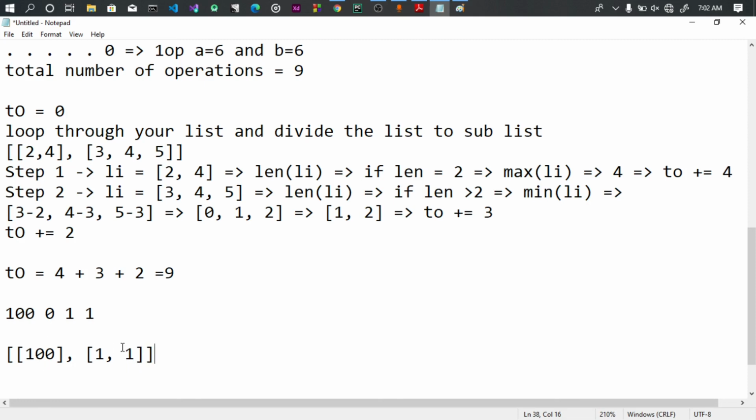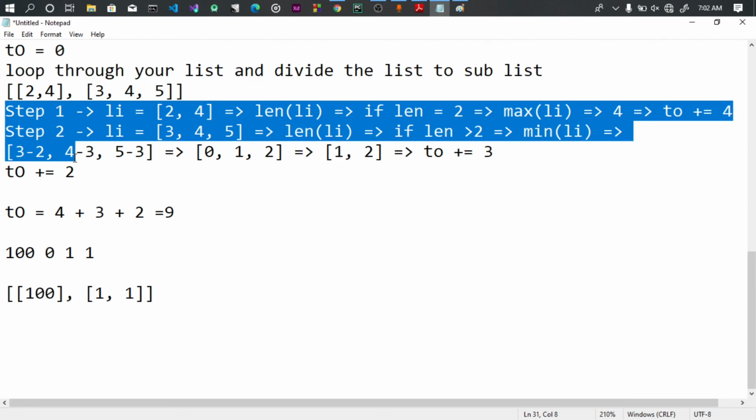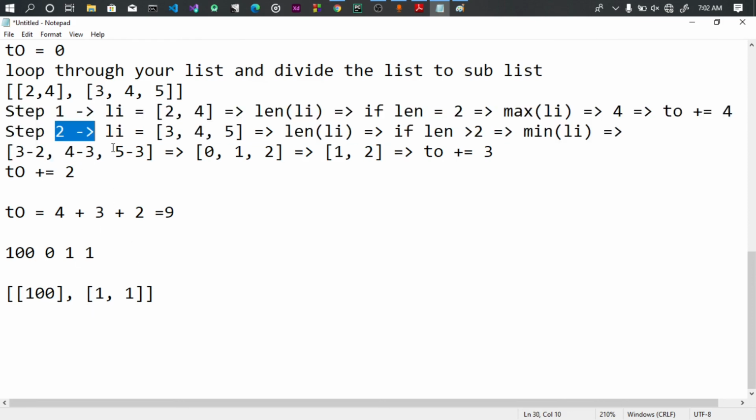Now, if we have something like this, we'll have to loop through each list. When we loop through this list, we're going to check if it satisfies any of the conditions in step 1 or step 2. So now we find out that this won't satisfy any of the conditions.